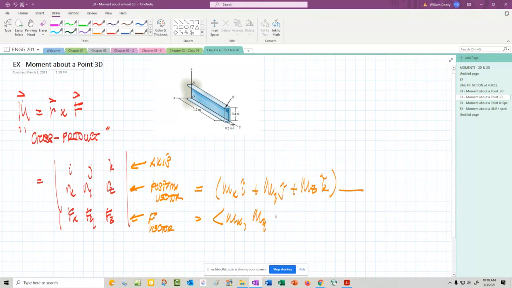Shorthand, like that. It is not a scalar product. A scalar product will give us just a scalar answer, a number, a magnitude. This cross product gives us this.